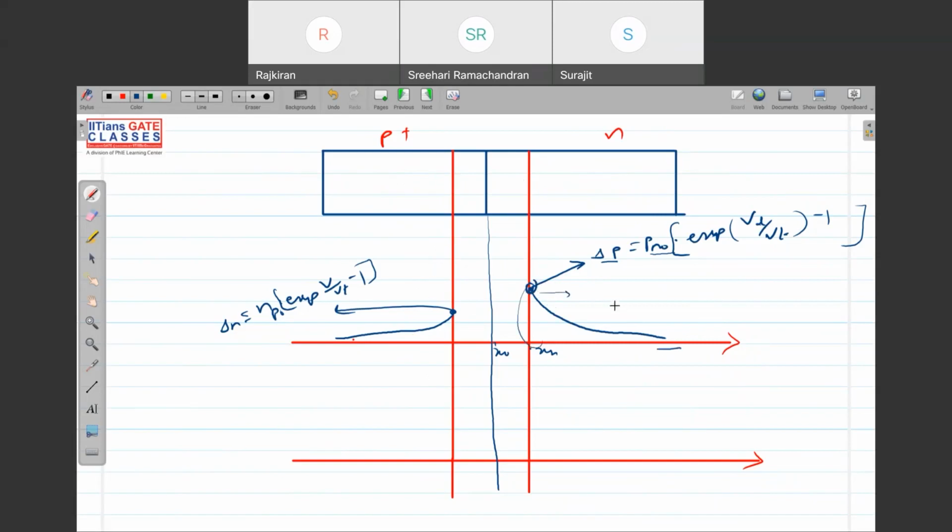While diffusing, they will recombine, so the concentration will go on decreasing as you go along the n region. Similarly, electrons diffuse, meet holes and recombine, so their concentration will go on decreasing in an exponential manner.